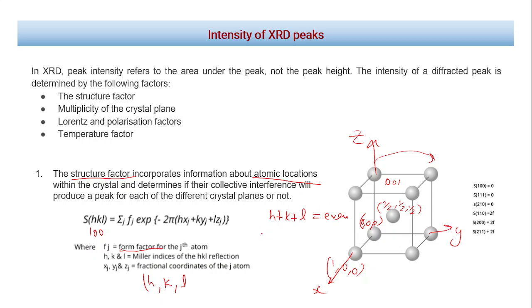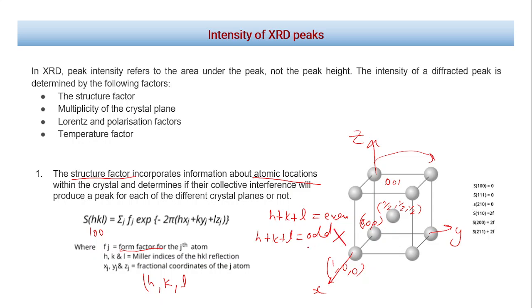If the sum of those HKL values is not even but odd, then whatever X-rays are diffracted will undergo destructive interference and we won't be able to see those peaks.